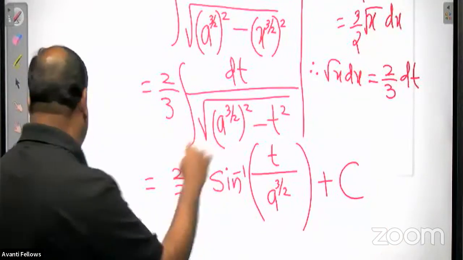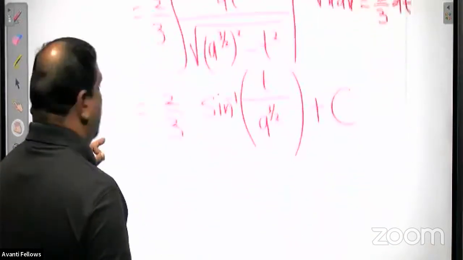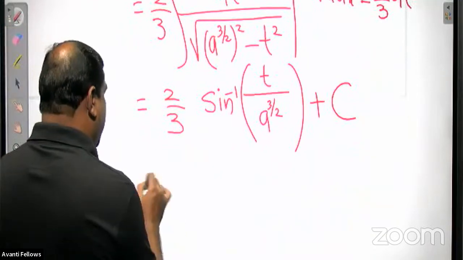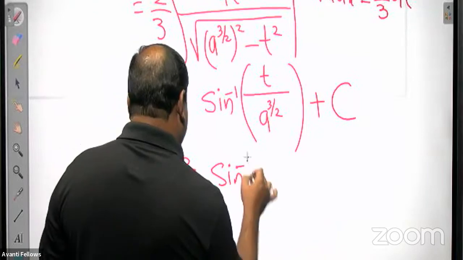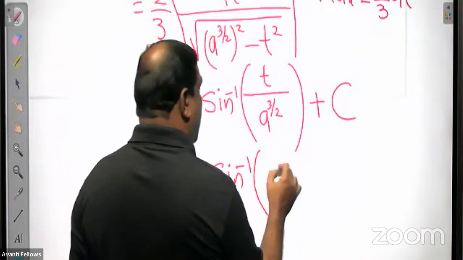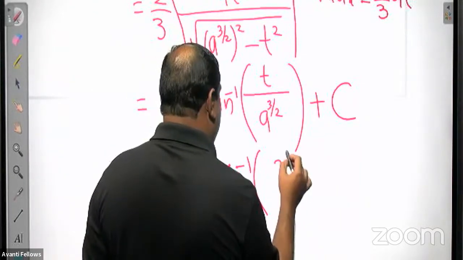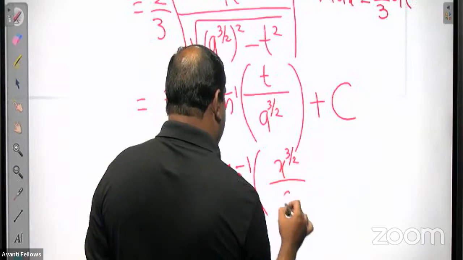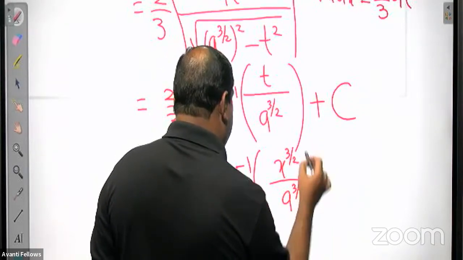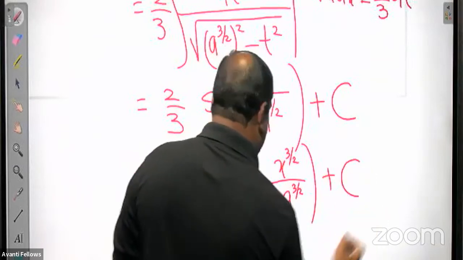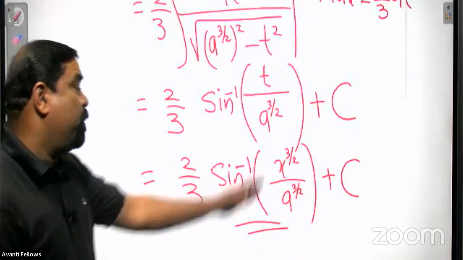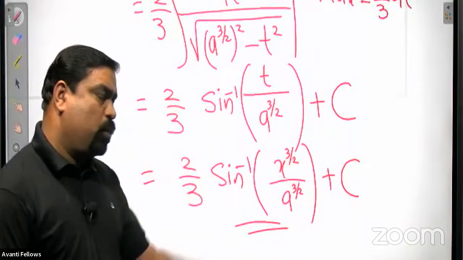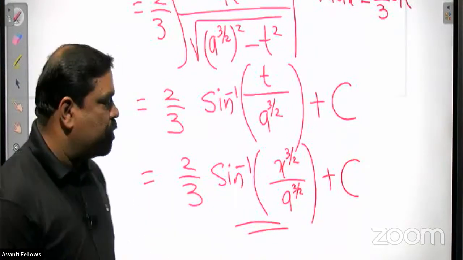Just replace the value of t, that will give the final answer. So 2 by 3 into sine inverse, what is t? X raised to 3 by 2, by a raised to 3 by 2, plus c. We can stop here. Or if you want, you can write x by a whole raised to 3 by 2. Doesn't matter.